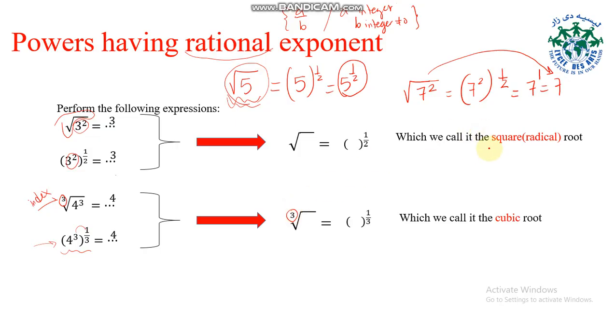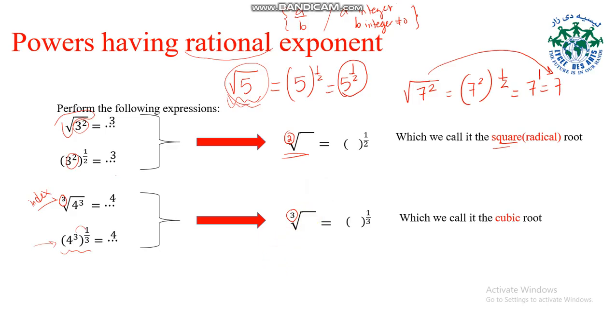What about the previous one? Why is it the square root? Actually, there is nothing written here, but this doesn't mean that there's 1 at this place. Actually, there is 2, but we may omit it. There is no need to write it, since this kind of radical is the most used radical in science, in mathematics, and other subjects.